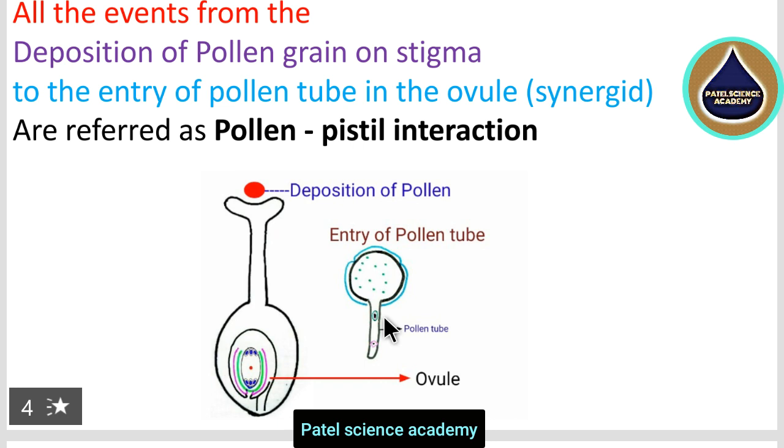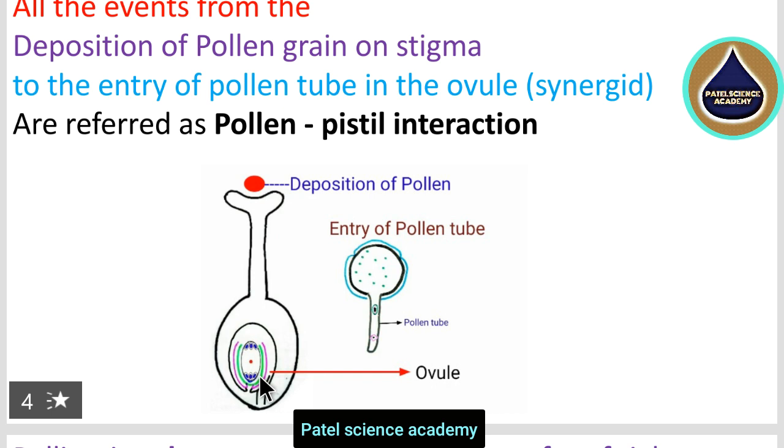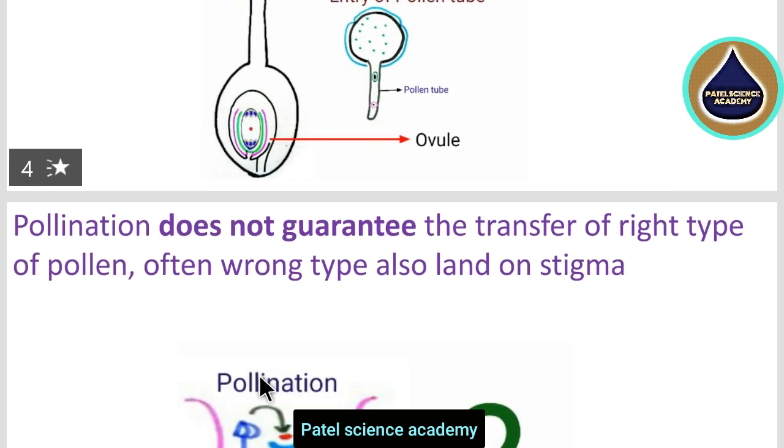So the formation of the pollen tube, the formation of the male gamete, and its entry into the nucellus, all these events are included in the pollen-pistil interaction.